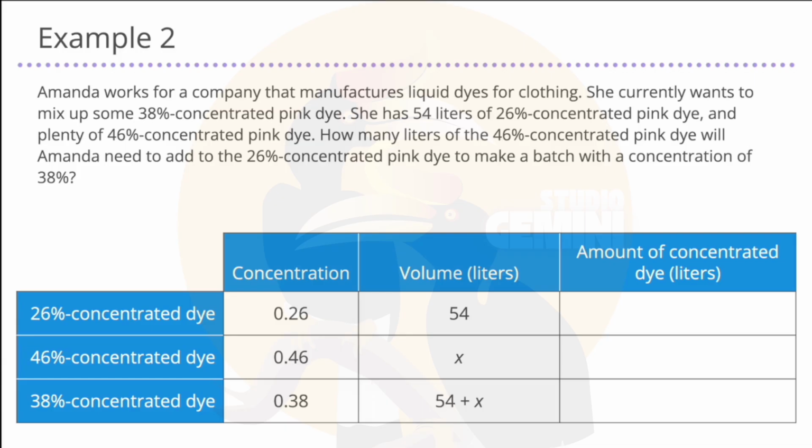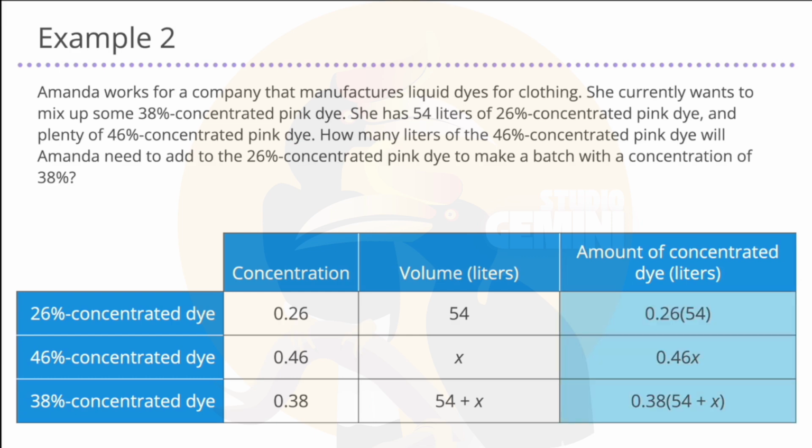We can write that here. Now we can multiply across to fill out the third column to find out how much concentrated dye there is. In the first row, we have 54 liters, and it is 26% dye, so the amount of concentrated dye is 0.26 times 54. In the second row, we have 0.46 times x, and in the last row, we have 0.38 times 54 plus x. Great!